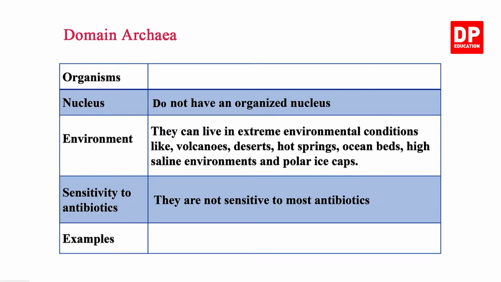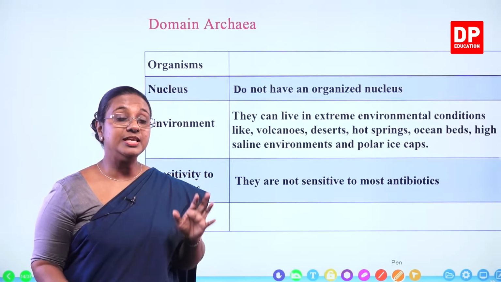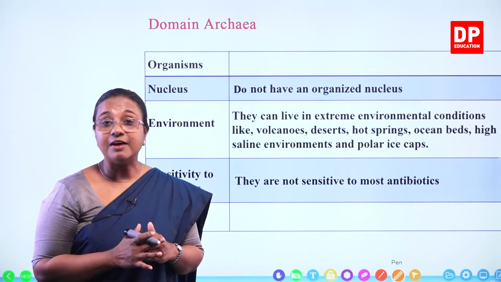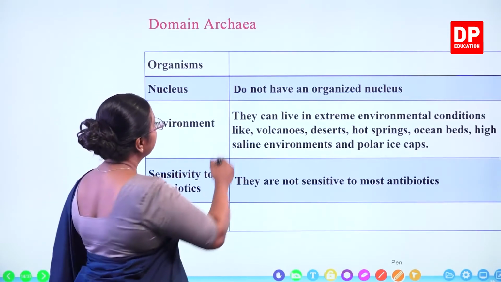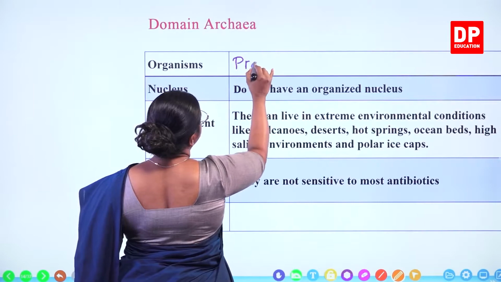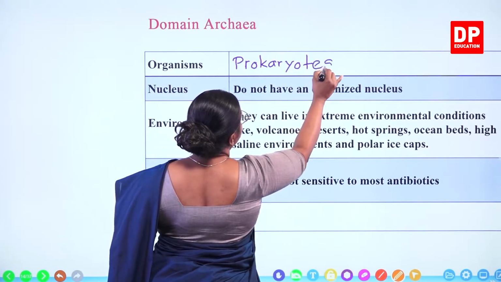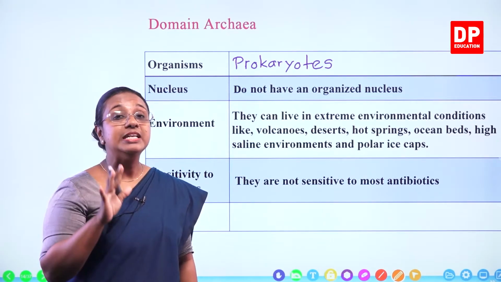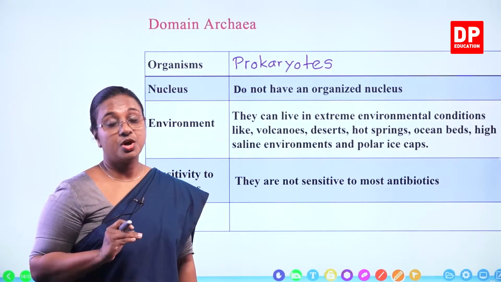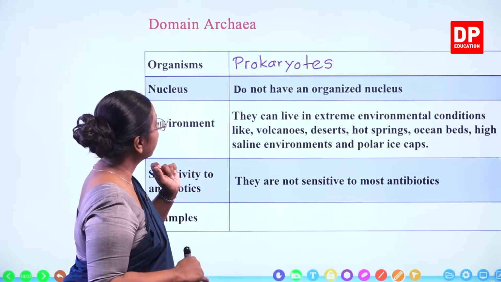Domain Archaea. When we say Domain Archaea, we have certain organisms. I told you all these are organisms that have a prokaryotic cell. Therefore, we call them prokaryotes. Cells that do not have a definite nucleus or an organized nucleus are known as prokaryotes.